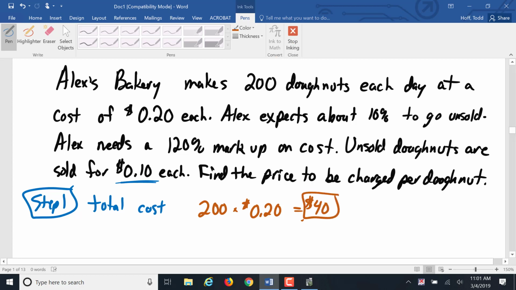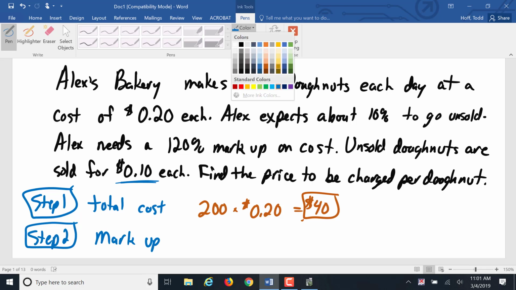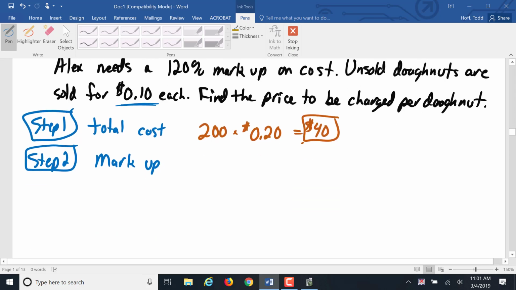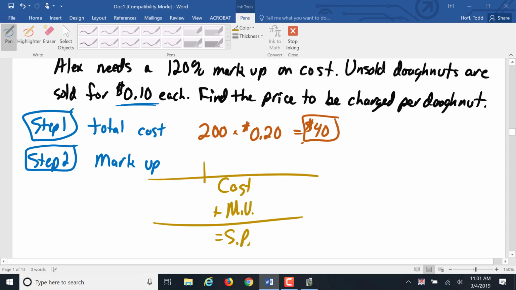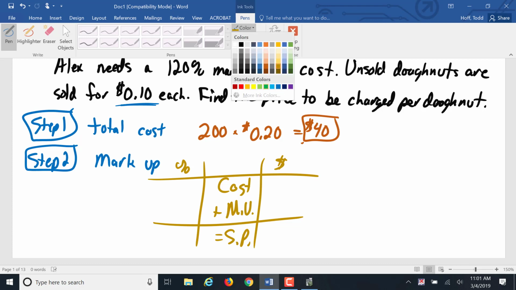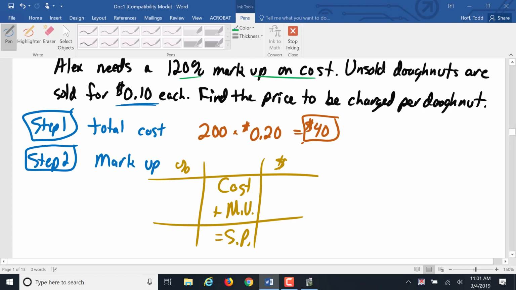Step two is still the same. It's to find the markup. And of course, part of the markup is going to be finding that total selling cost. So cost plus markup equals that selling price. We are given here 120% markup on cost.